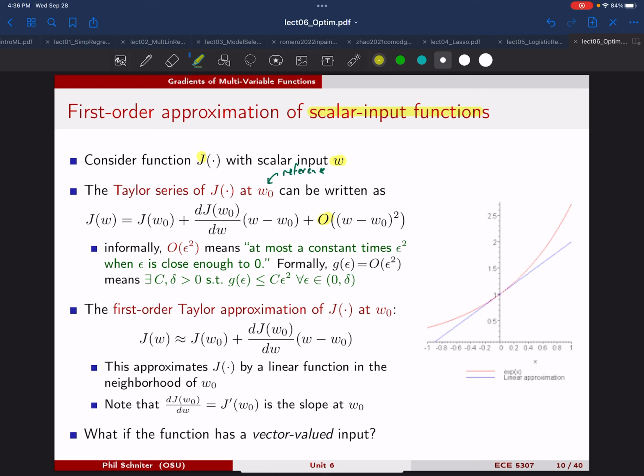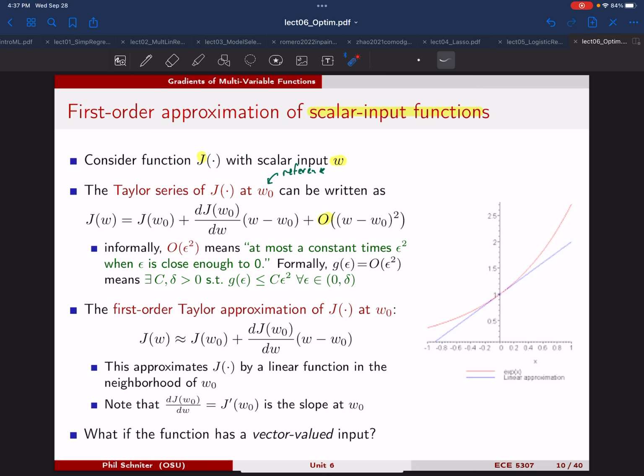Big O notation is our way of saying all those other terms are going to be dominated by the quadratic term, and there's a bunch of other details that are much less important than this quadratic behavior. In this case, remember that we are interested in what happens near the reference point. As you can see, this approximation is good near the reference point, and it's pretty bad as you get away from the reference point.